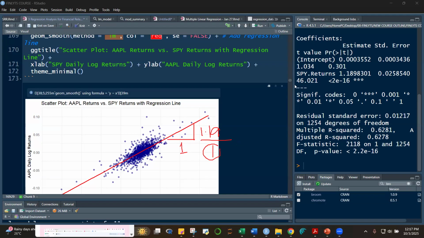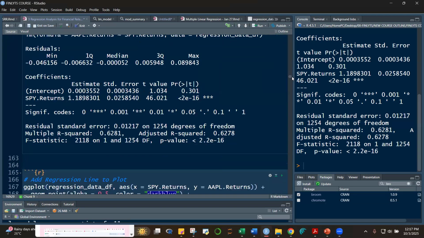If we apply that to our model, how do we interpret this? For every 1 unit, 1 point increase in SPY returns, there's a corresponding 1.18 unit increase in your what, class? The answer is Apple returns.